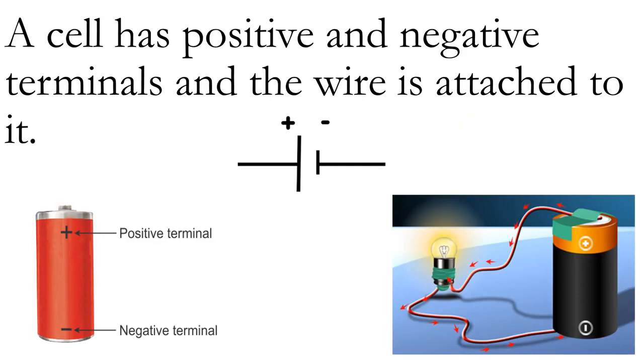A cell has positive and negative terminals and the wire is attached to it. Let's check in these diagrams. A cell has a positive and a negative terminal.